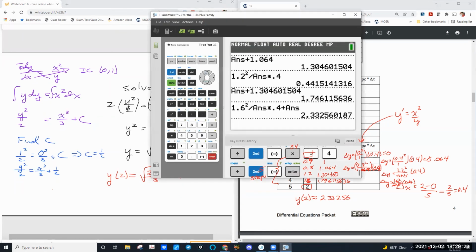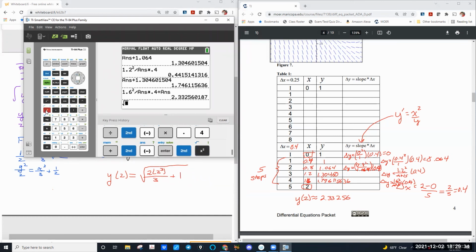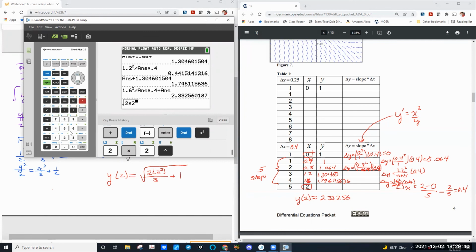Okay. So let's put this into the calculator. We'll just put it all at once. Square root of 2 times 2 cubed divided by 3 plus 1.